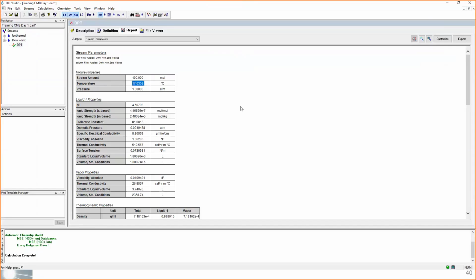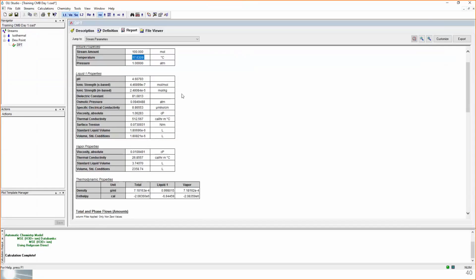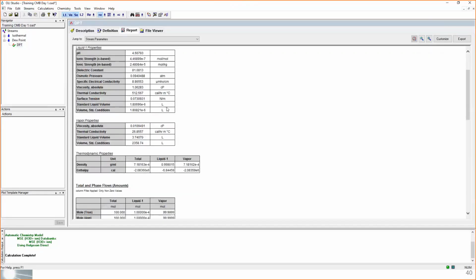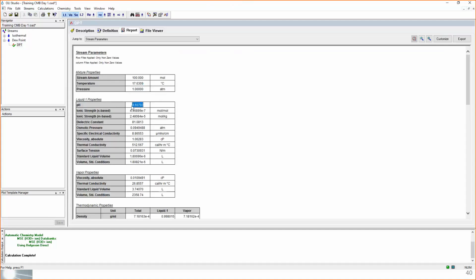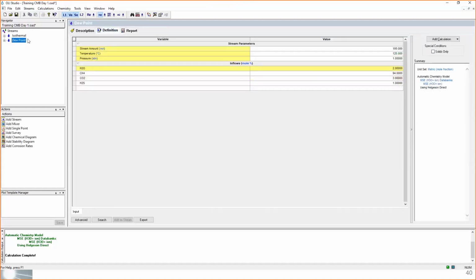And the pH will be reported only for the aqueous phase. So at this temperature, the pH is 4.6. So yes, at the dew point temperature, this is the pH. That's correct, because we needed a liquid phase to calculate that pH. I hope that answers your question.